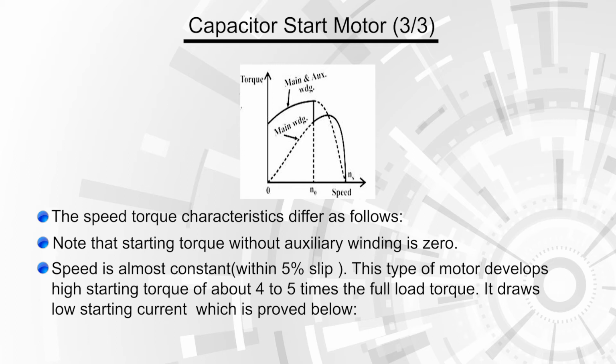Now, we know that whenever there is a capacitor in a circuit, it has a high starting current. When there is a resistor in the circuit, the current flowing is represented by IA resistive, and the current flowing in the capacitor motor is represented by IA capacitor. We know that the torque is the same in both motors.